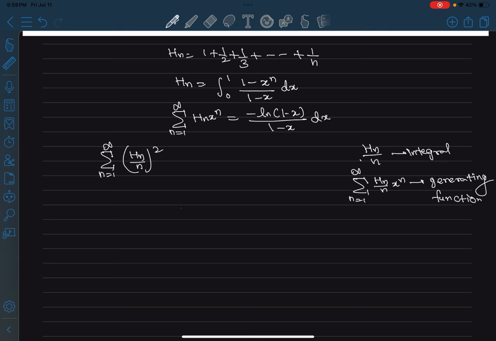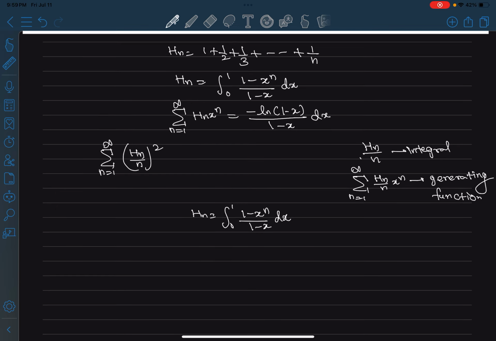To find the integral for H_n over n, you can use the same integral, and then use integration by parts in a clever way.